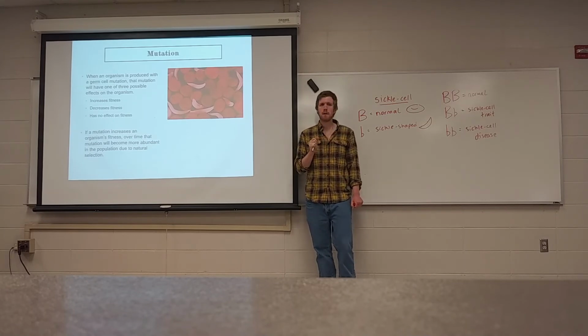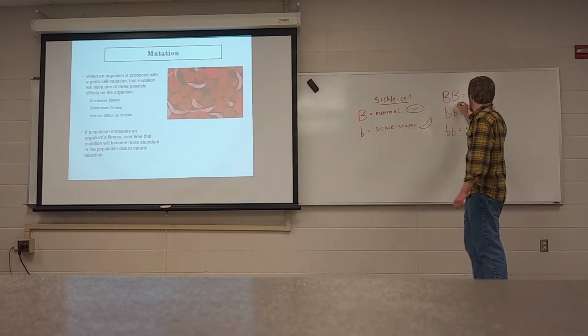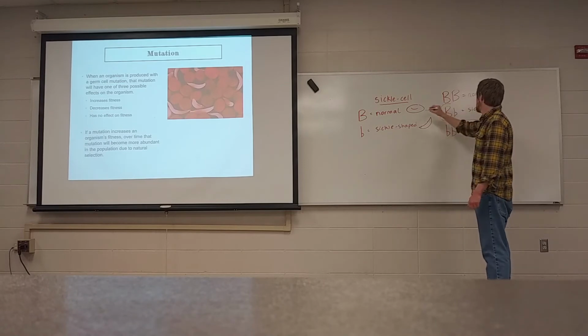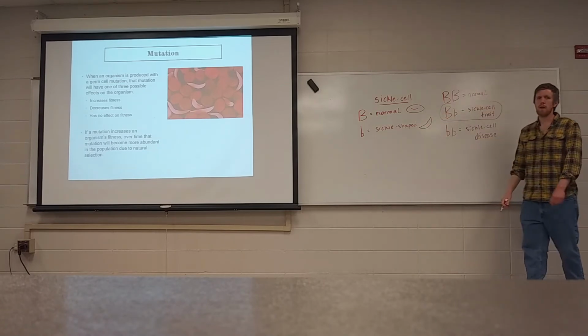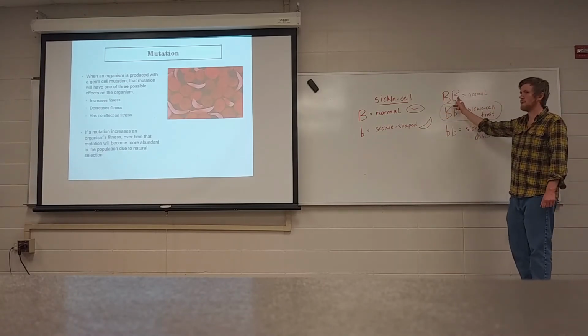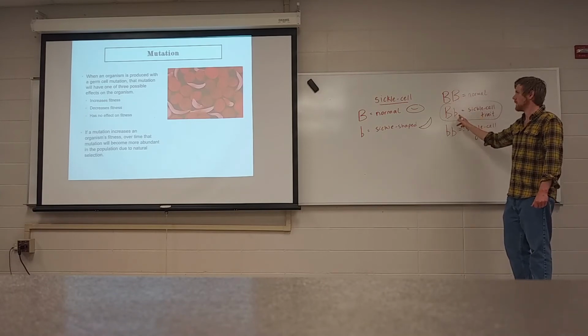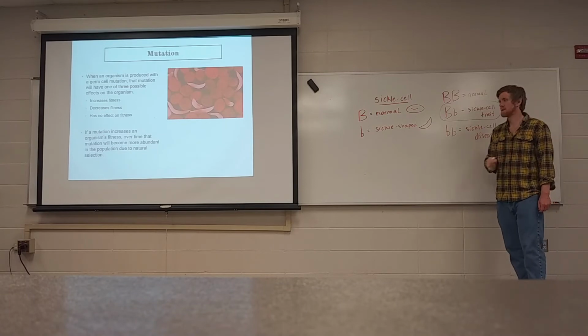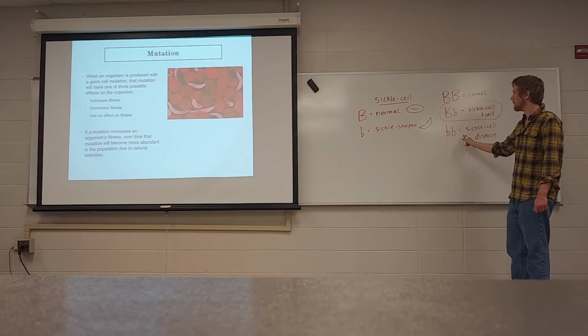If you have sickle cell trait, you won't have as efficient oxygen transport as someone with normal blood cell shapes, but it's not lethal. It doesn't hurt your fitness immensely as sickle cell disease does.